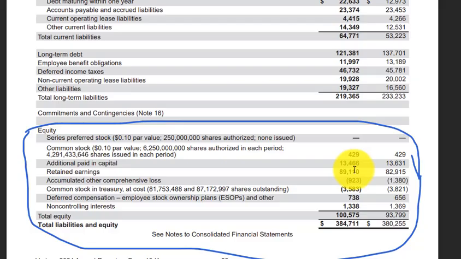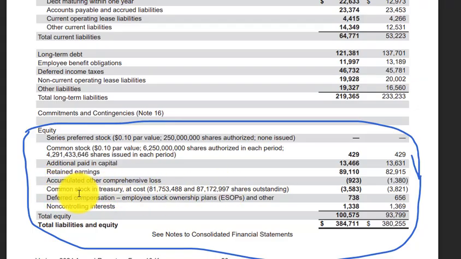In theory, if we were doing this in order, we wouldn't know yet what those ending balances are, because we do the statement of stockholders' equity. So we're going to expect to see common stock, additional paid-in capital, retained earnings, accumulated other comprehensive loss. It's not AOCI, it's AOCL, because they have lost money in the past on that, rather than gains.